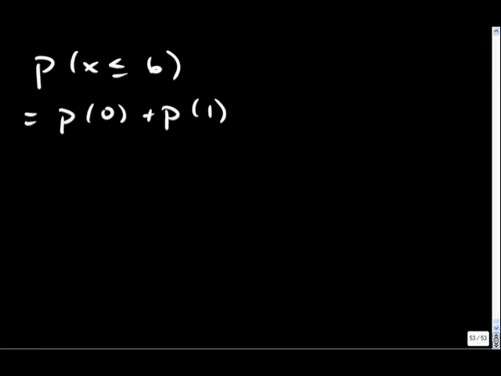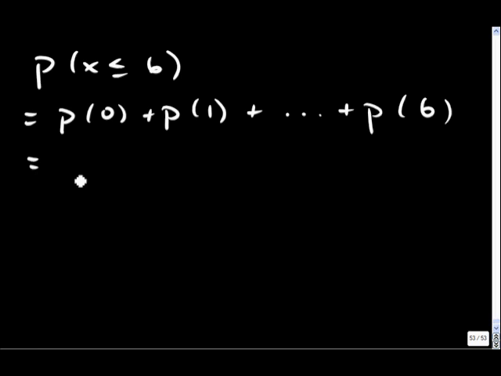In this question, the probability x less than or equal to 6 means x is 0, or x is 1, all the way up to x being 6. This is a good number of probabilities to compute using the binomial.